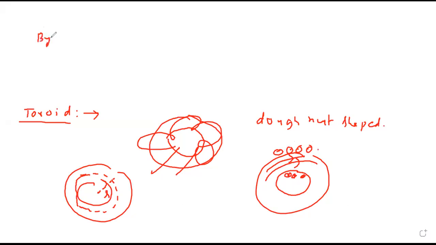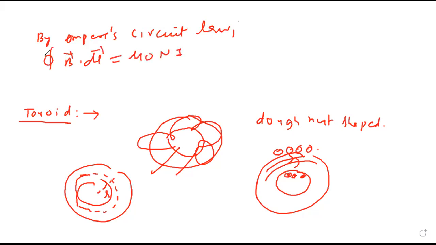So we can say by Ampere's circuital law, integral of B bar dot dl bar is mu naught into number of turns into I. That will become B integral dl equals mu naught N i. Integral of dl is nothing but circumference 2 pi r of the Amperian loop.